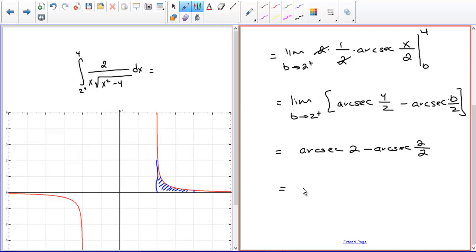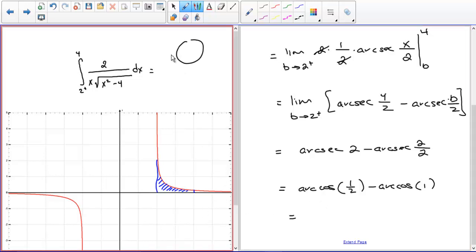So that's also the same as the arc cosine of 1/2 minus the arc cosine of 1. So the angle whose cosine is 1/2, let's think about that. We could just use the inverse cosine, but let's think about this. The x-coordinate is the cosine.